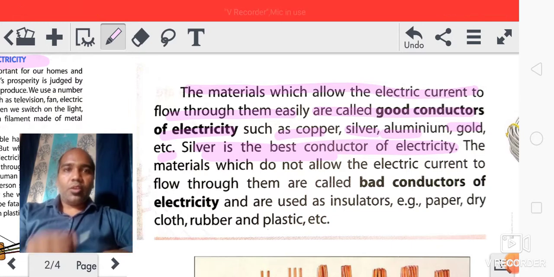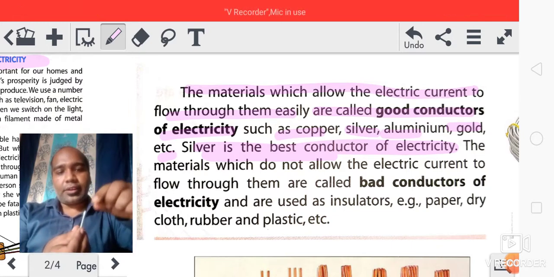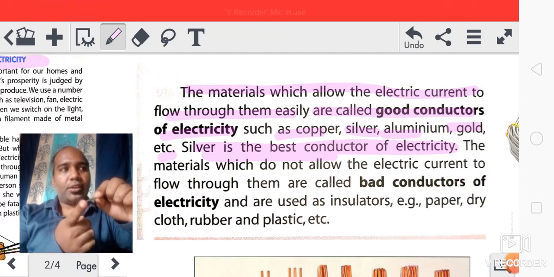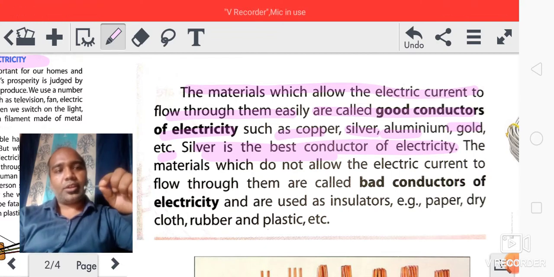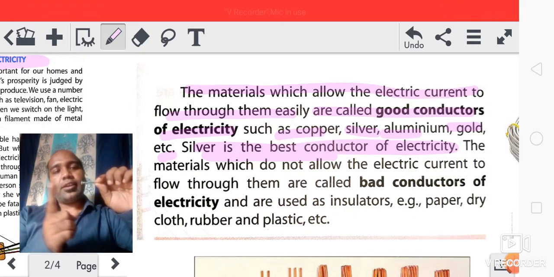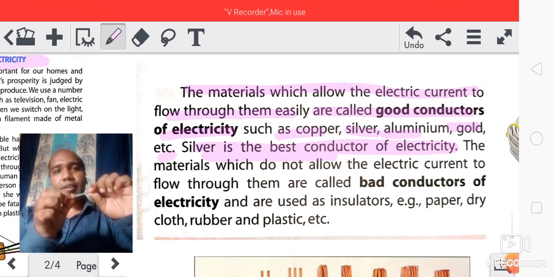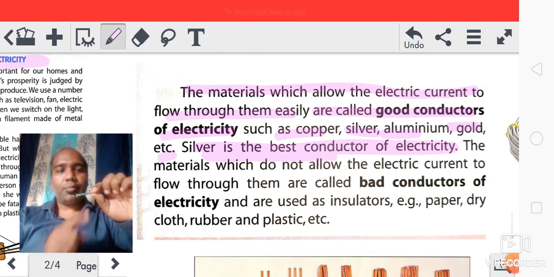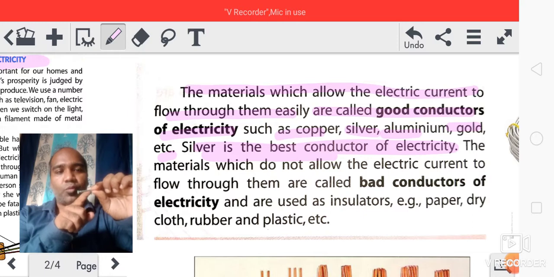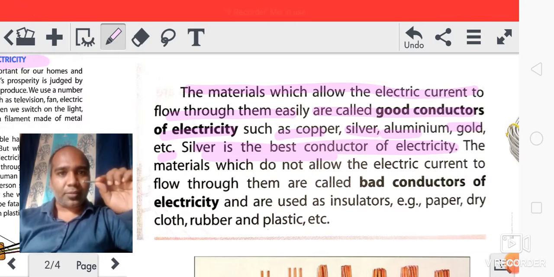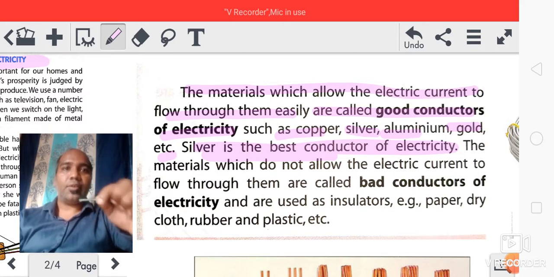If I touch an electric wire here, will the electricity pass from this end to this end? If the electric wire touches here, and you touch this part, will you feel the shock of electricity or not? Yes, because electricity can pass from one end to another end. What kind of material is this? This is an iron nail.